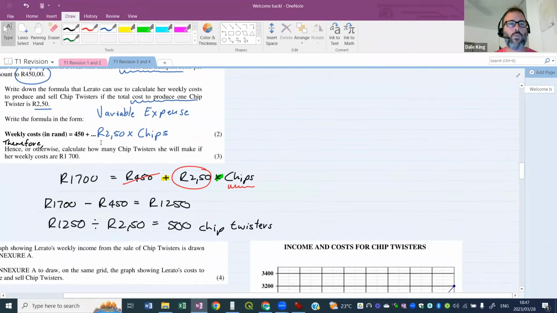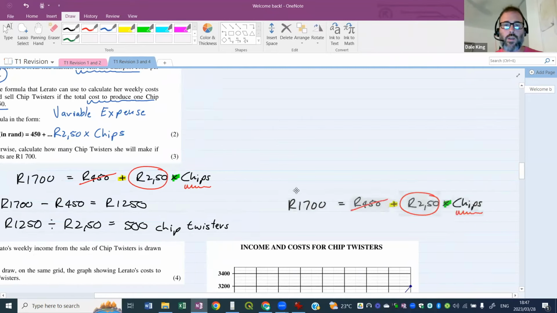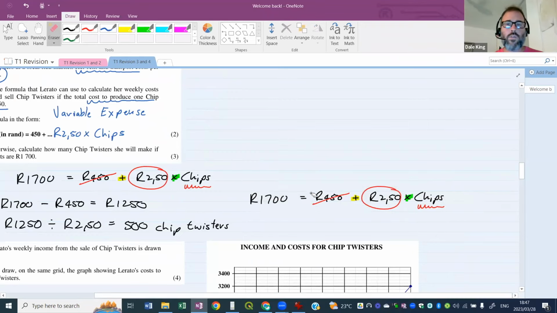All right, we had a formula here. Look at the formula and think about it. For 0 chip twisters, what will her weekly costs be? Okay. I will bring out this formula and write it out in the front here and make it look nice and neat for you guys, because that's going to be the best thing to help. All right, we'll remove all the funny things.